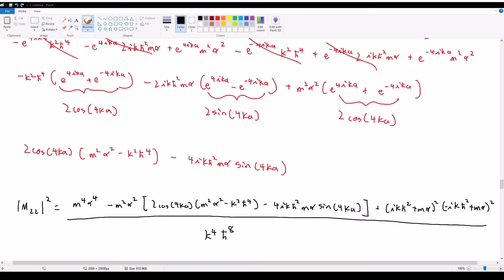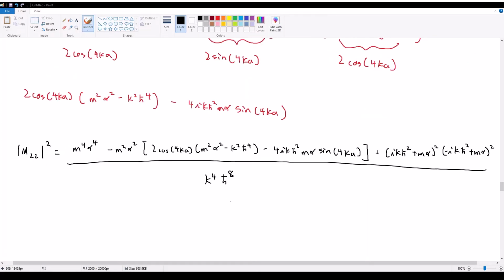Okay, at this point, let's see. What else can we do? Well, in green, this expression is really just equal to m alpha plus ikh bar squared times m alpha minus ikh bar squared, and then multiplied once again by another m alpha plus ikh bar squared times m alpha minus ikh bar squared.